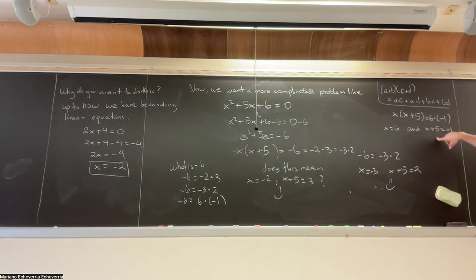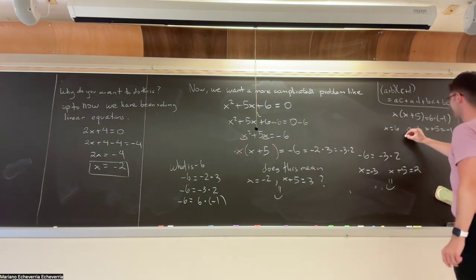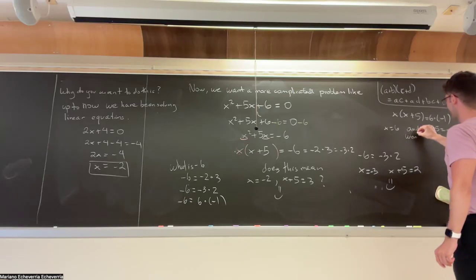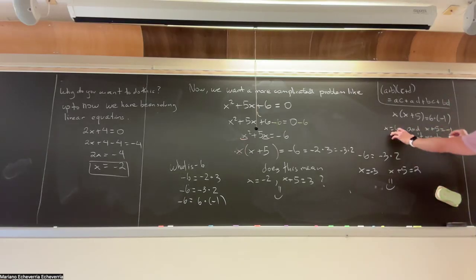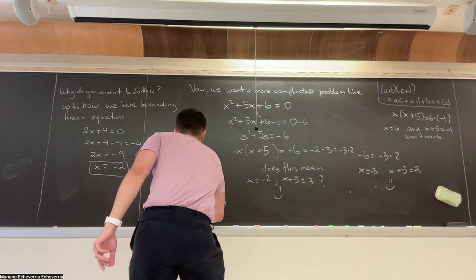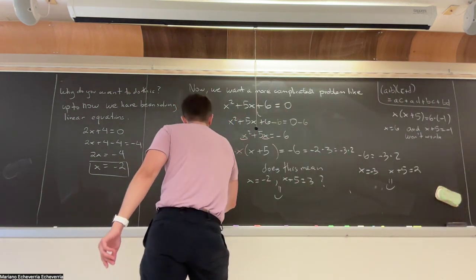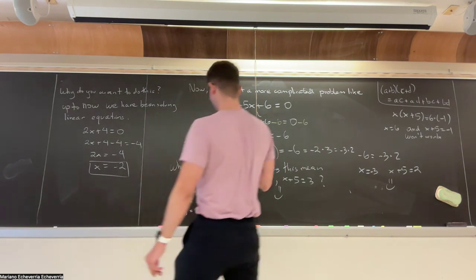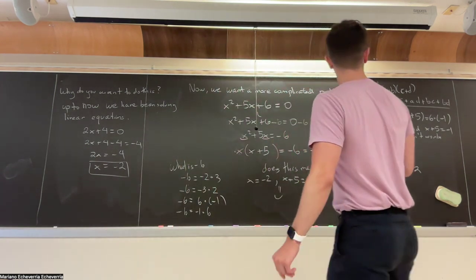Okay, and now definitely this one is wrong. Finally, this one does not work at all, because if x is already 6, x plus 5 is going to be 11, not -1, right? Or likewise, you could have said -6 is -1 times 6, right? That's also true.